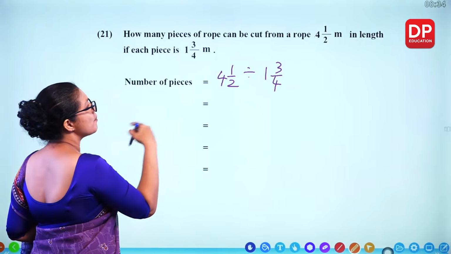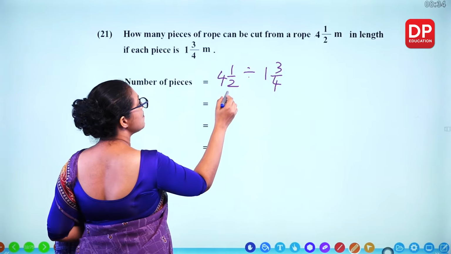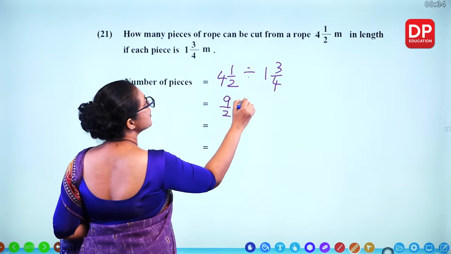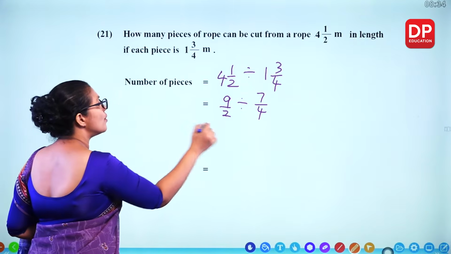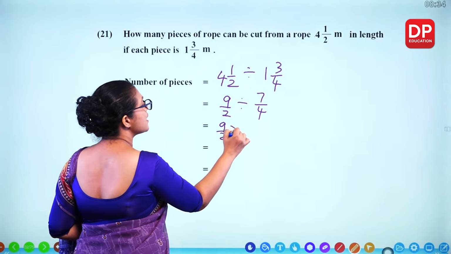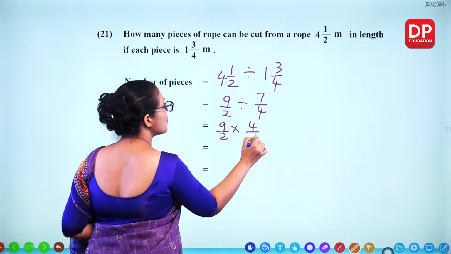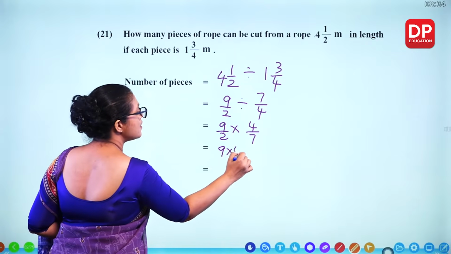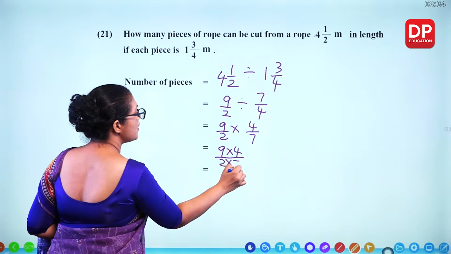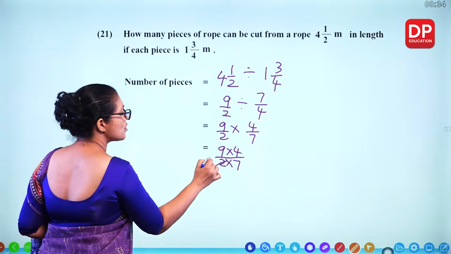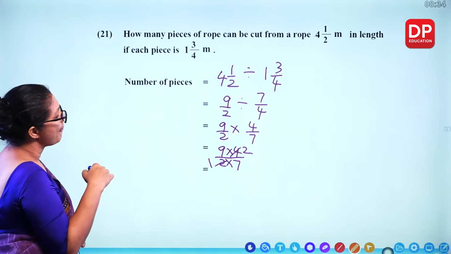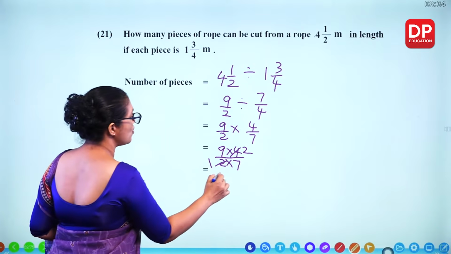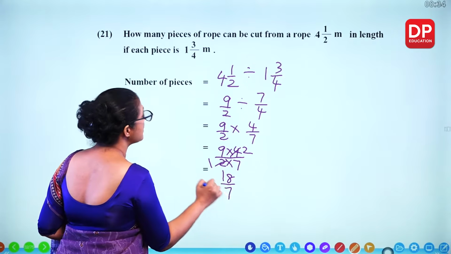Convert to improper fractions. 4 times 2, 8 plus 1, 9. This one, 4 plus 3, 7 over 4. Convert to a multiplication by taking its reciprocal. Multiply the numerator and the denominator separately. 2 times 1 and 2 times 2. When you simplify, what's the answer? 9 times 2, 18 over 7.